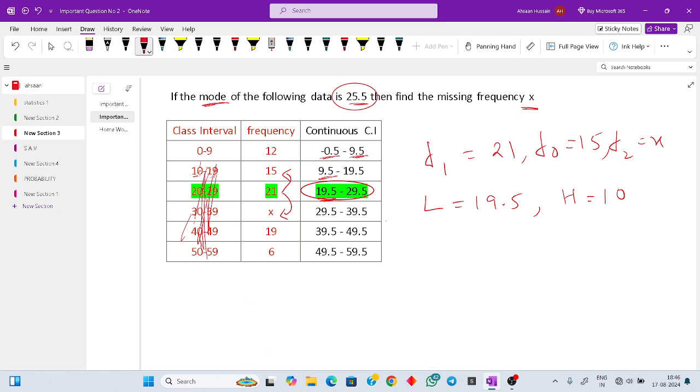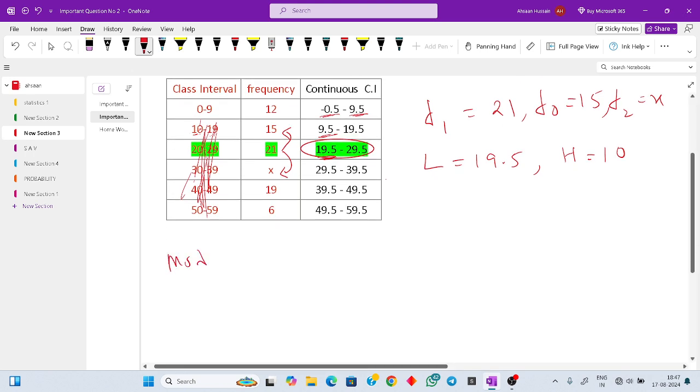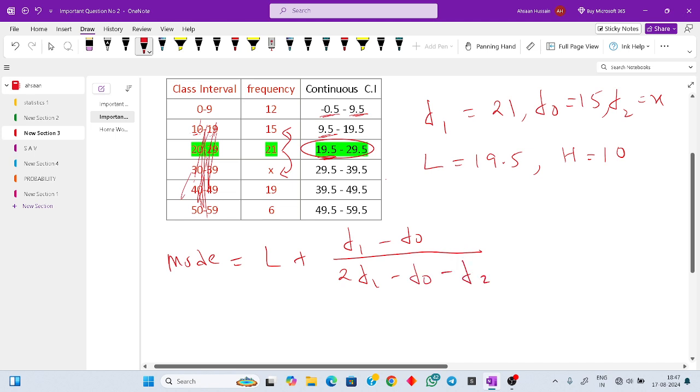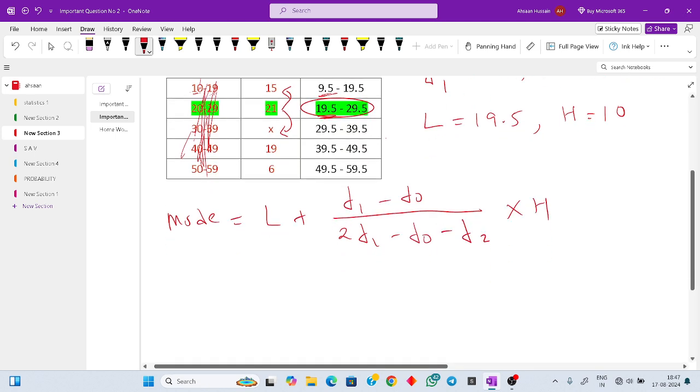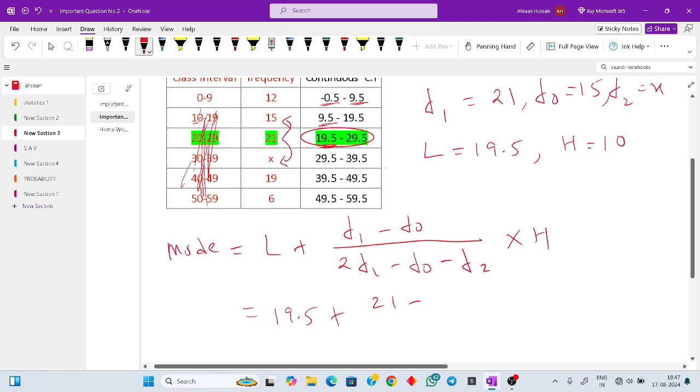Now let's write the formula of mode. Mode equals L plus (F1 minus F0) by (twice F1 minus F0 minus F2) multiplied by H. So the lower limit is 19.5, F1 is 21, F0 is 15.